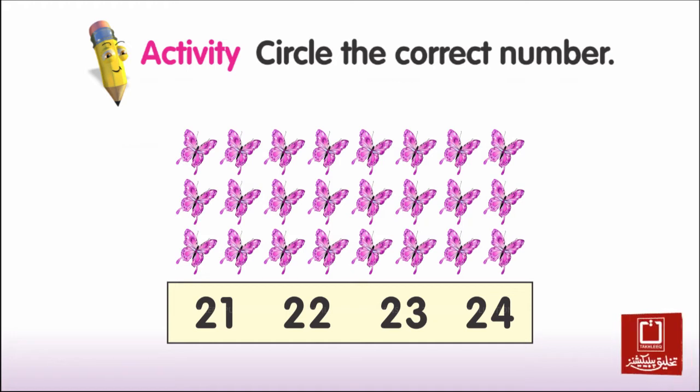These are 24 objects. Now we find out 24 from the given numbers 21, 22, 23 and 24. Yes, this is 24. So we shall circle it.